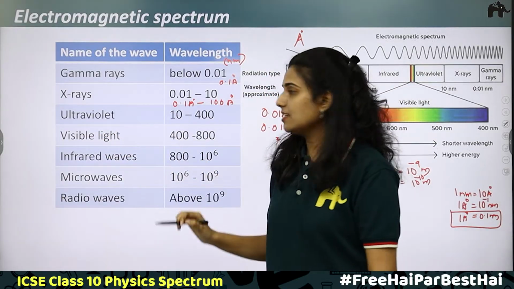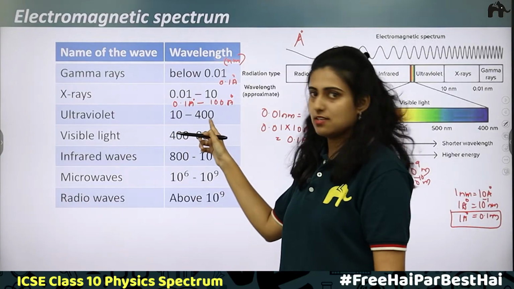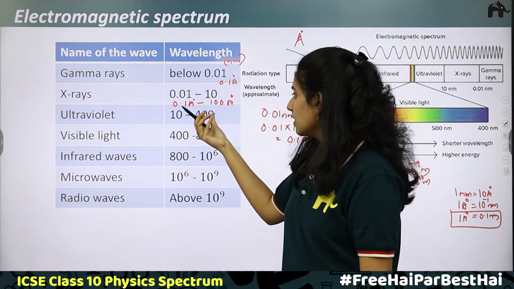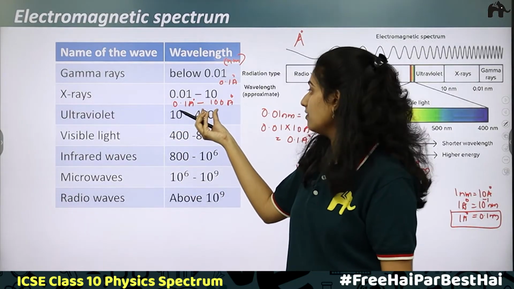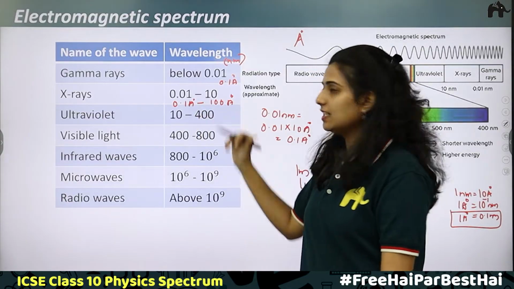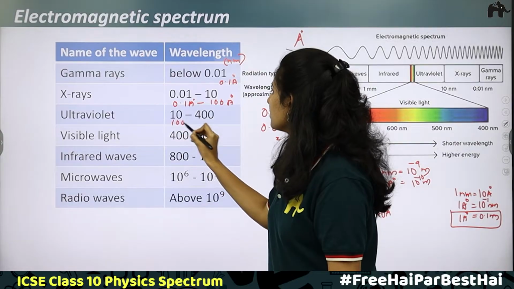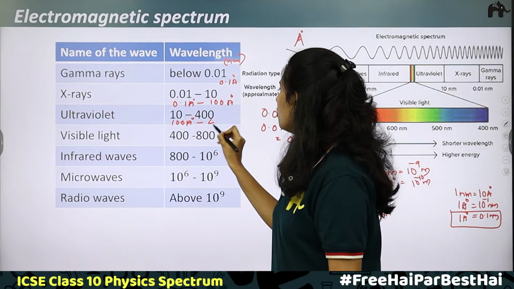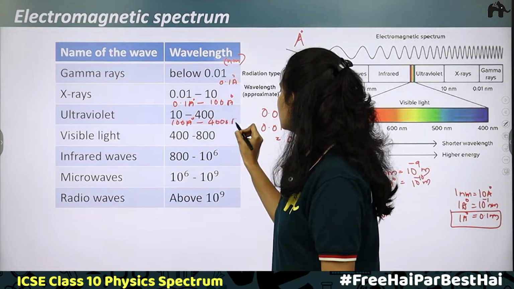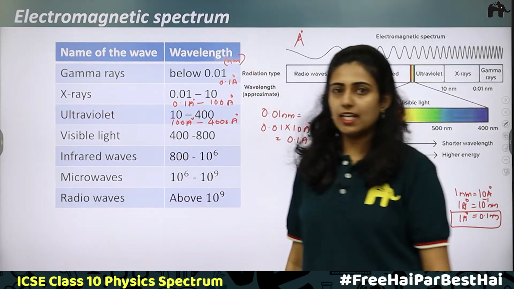For ultraviolet radiation, it is from 10 to 400 nanometer. 400 is where the visible light starts, that is, the violet color starts at 400, which means 100 angstrom to 4000 angstrom is ultraviolet radiation.